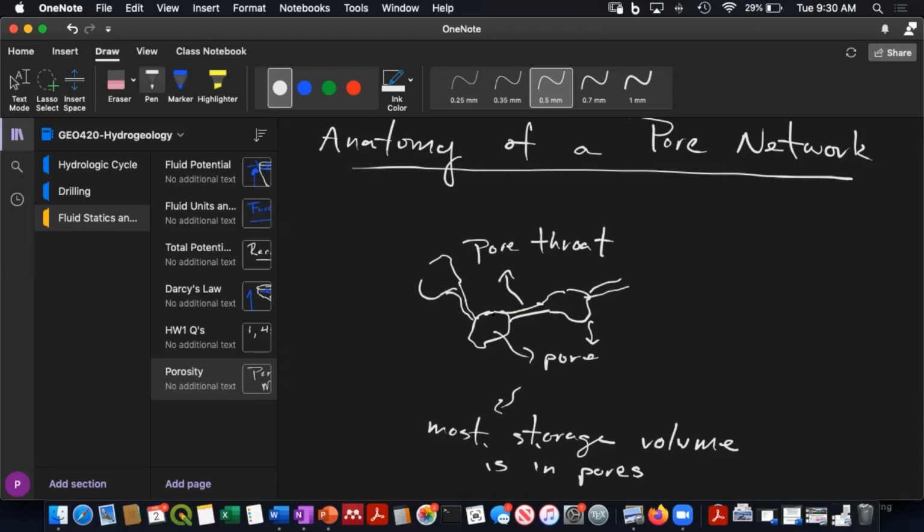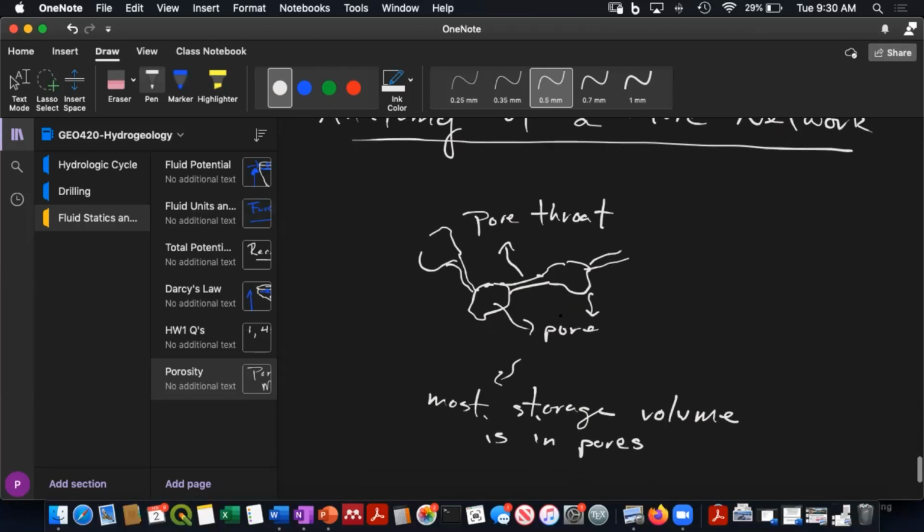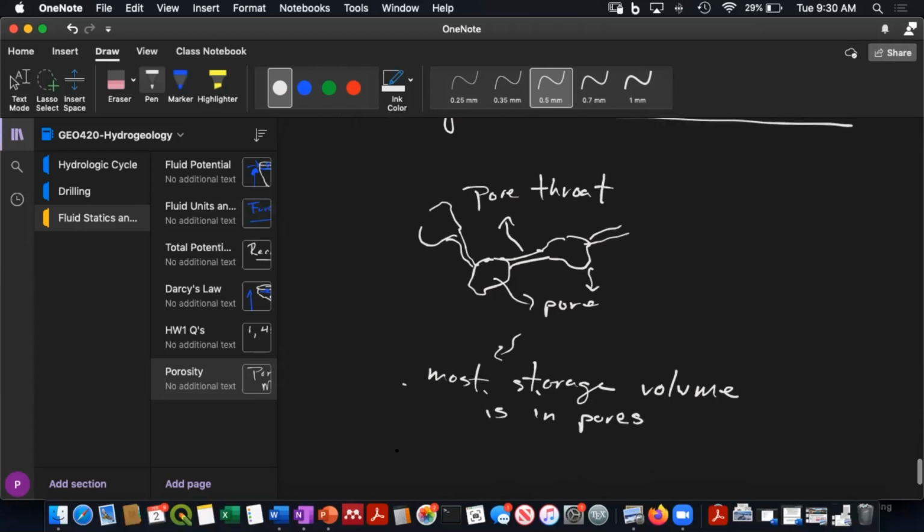But as we talk about what controls how water can move through these things, the pores aren't the limiter. The pore throats become more important. So for storage, the pores are really important, but for fluid movement, pore throats.